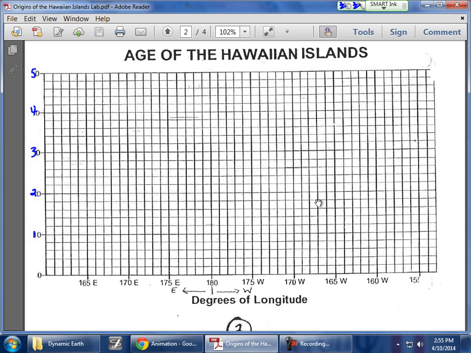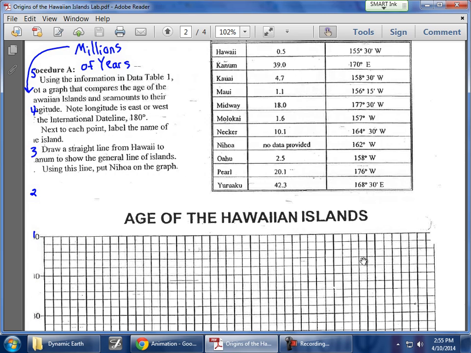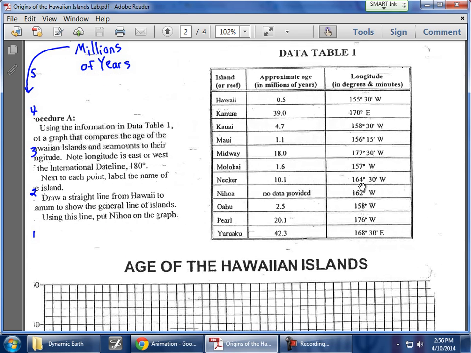And the label for over here is in millions of years. So go ahead and write that down. Millions of years. Got it? Okay. So what you're going to be doing is plotting the location versus the age of these different islands on here.